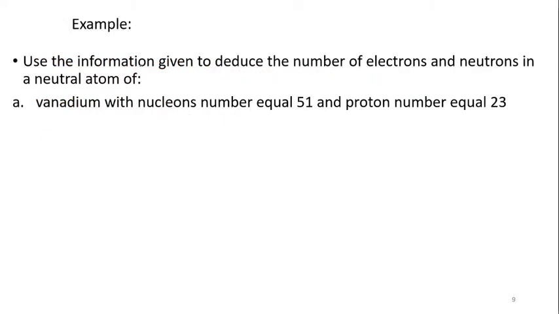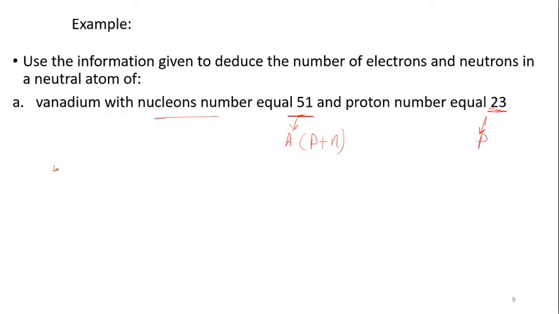Example: use the information given to deduce the number of electrons and neutrons in the neutral atom. Vanadium with nucleon number equal to 51 and the proton number equal to 23. So if this is the number of nucleons, the mass number that we give the symbol A, it is actually the number of protons plus neutrons, and this one is the number of protons.